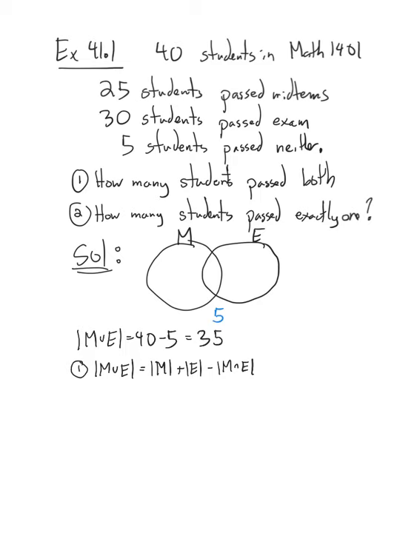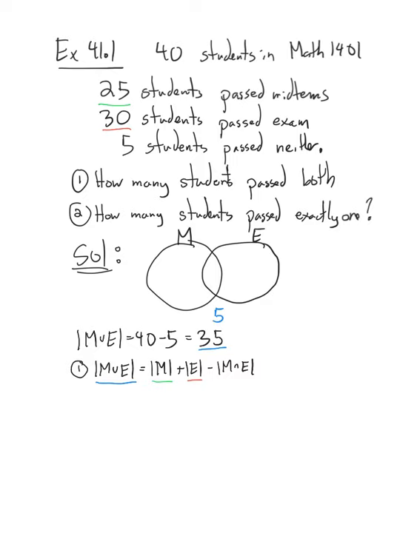We know 3 of these things: the cardinality of the union, the cardinality of M, 25 students passed the midterms, and the cardinality of E, 30 students passed the exam. So we just solve for the intersection.